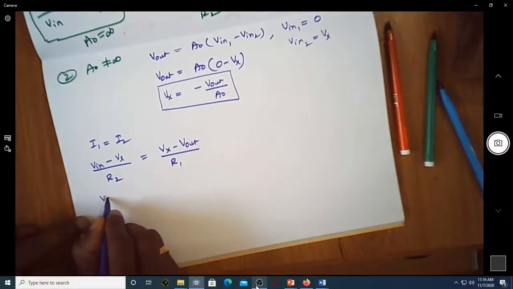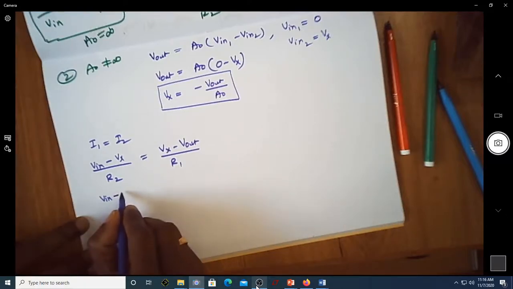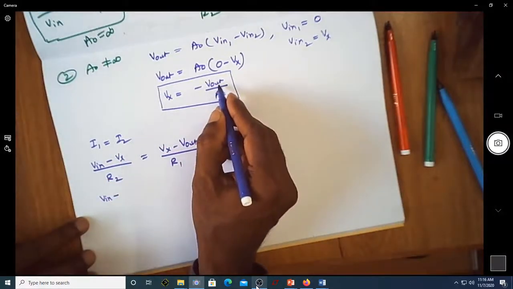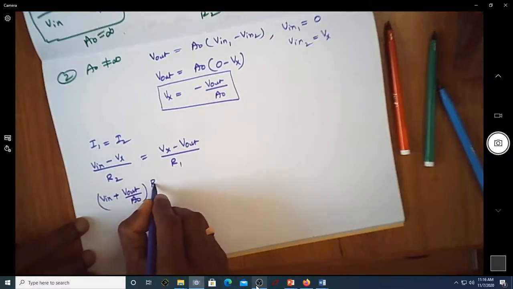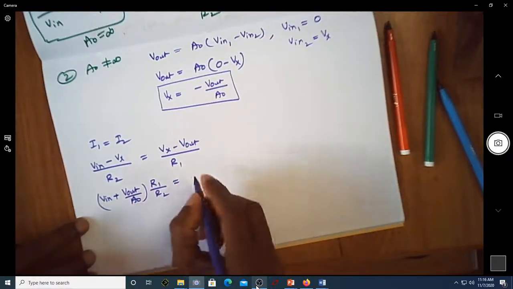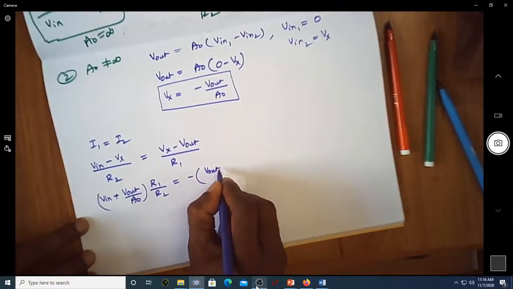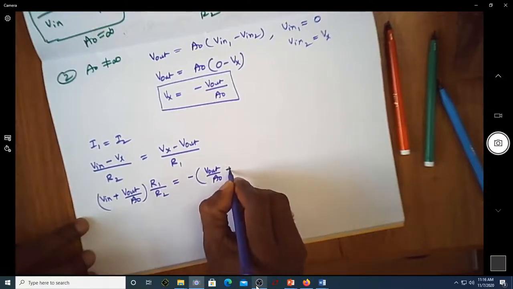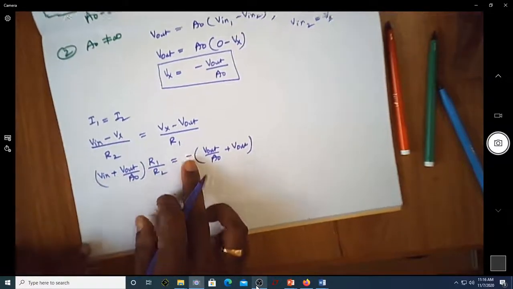So I will write it as V in minus Vx, which is minus V out by A0, and I will write this as R1 by R2 equal to minus V out by A0 plus V out. Can I write this expression? I have taken R1 to the left hand side, and I took out the negative sign here.